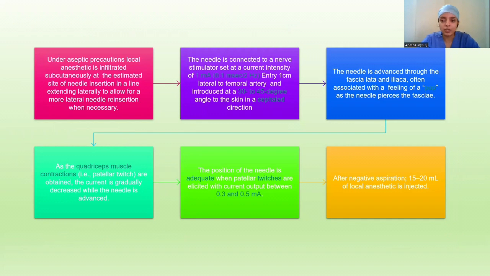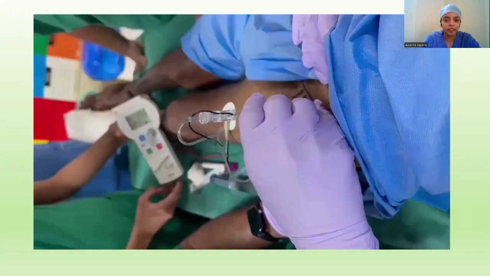The needle is advanced to pop through the fascia lata and the fascia iliaca. As quadriceps muscle contractions are elicited, the current is gradually decreased while the needle is advanced. The position of the needle is adequate when patellar twitches are elicited with a current between 0.2 to 0.5 milliampere. After negative aspiration, 15 to 20 ml of local anesthetic is injected.